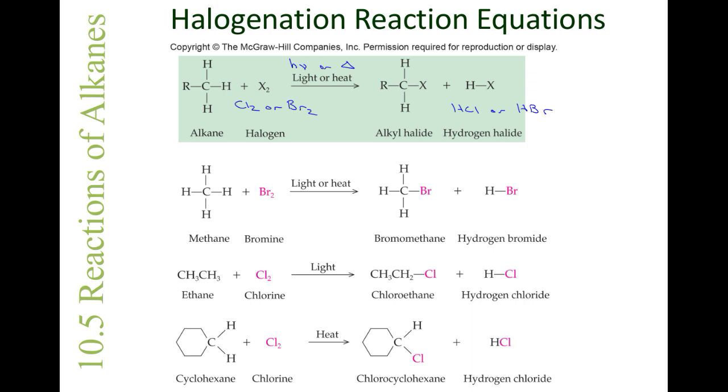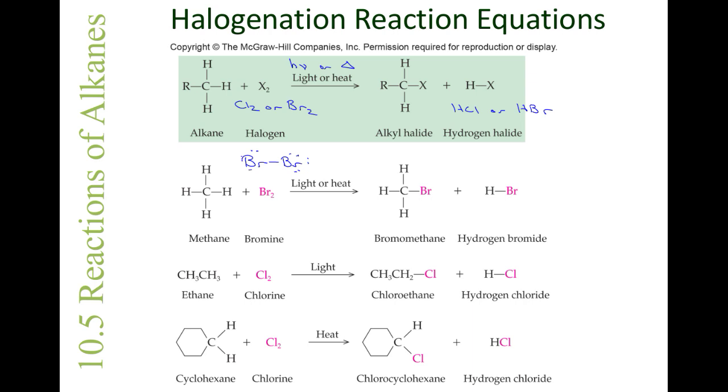These are just three really nice examples that are shown here. The first one is methane plus bromine gives you bromomethane plus hydrogen bromide. If you go back a couple slides, what did I say? A halogenation reaction is nothing more than a substitution reaction. So if you think about it, what we're doing is we're taking hydrogen, and I'm going to draw the Lewis structure of Br2, which is this.